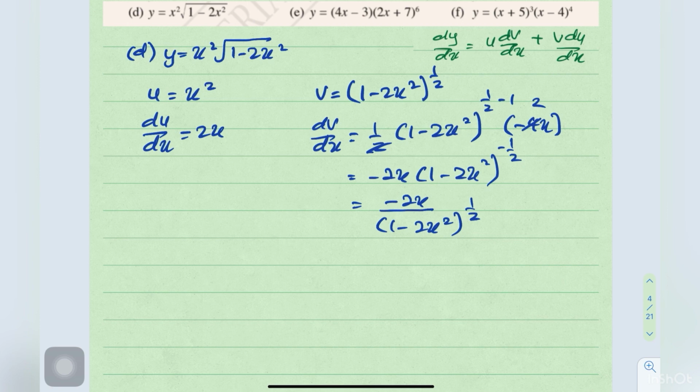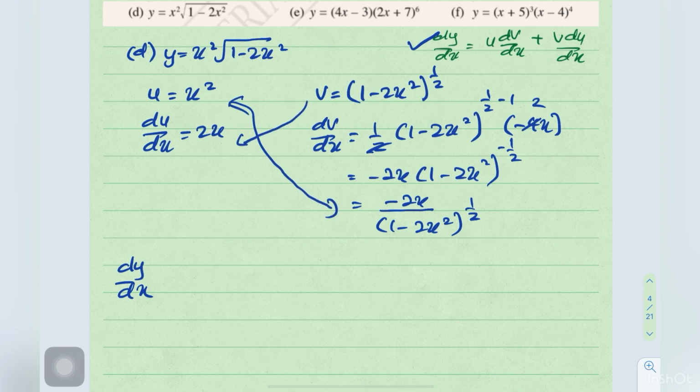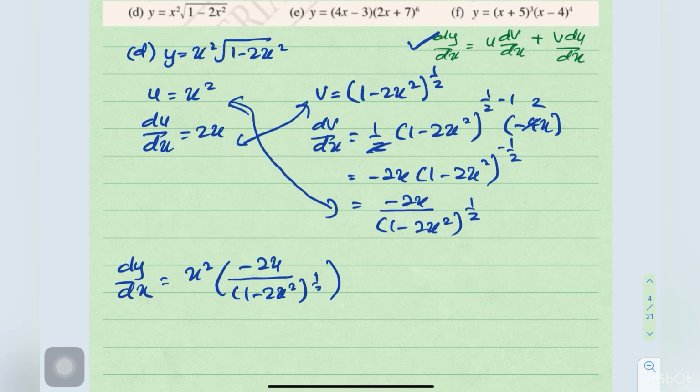Okay, so dy/dx, using the formula, u dv/dx plus v du/dx. So here we have x squared times negative 2x over (1 minus 2x squared) to the power of half. Okay, plus v du/dx, (1 minus 2x squared) to the power of 1/2 times 2x.